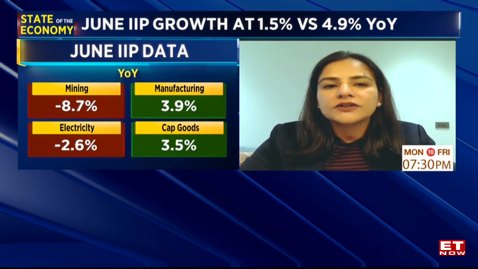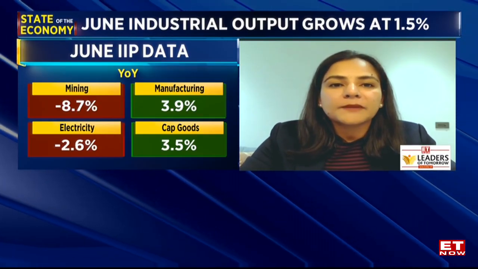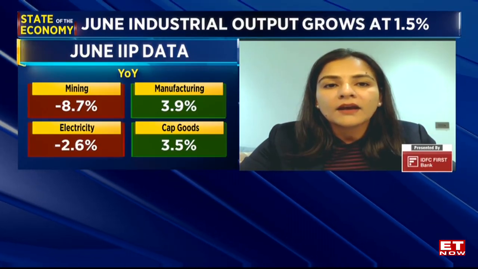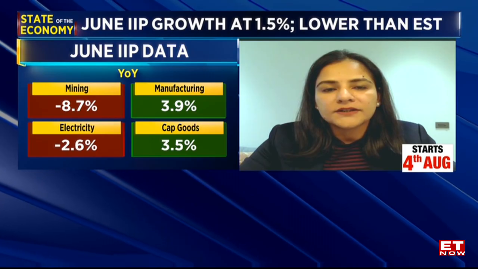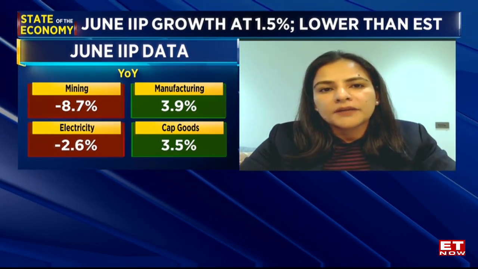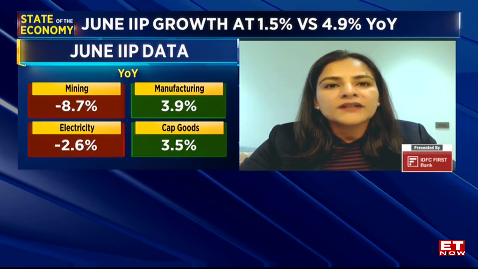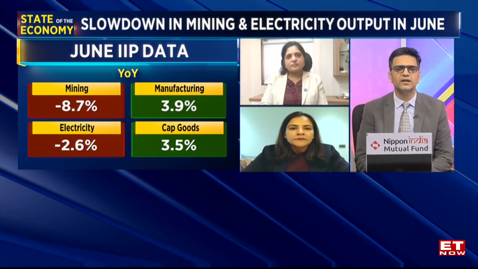I wouldn't just look at one month's number, but the general indication that we are getting is corroborated by the government spending data that we have up till May, which does show there has been a front loading of capital expenditure this year by the government. Based on that, there is some amount of momentum that we are seeing in this part of the economy.